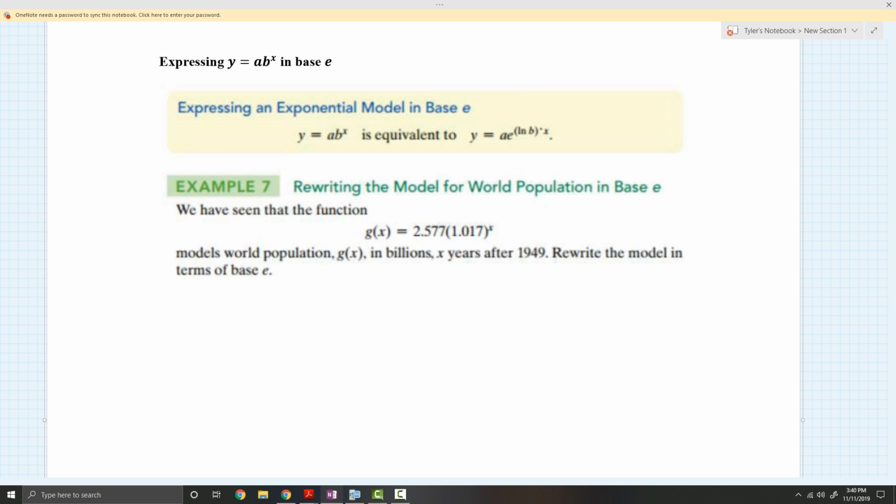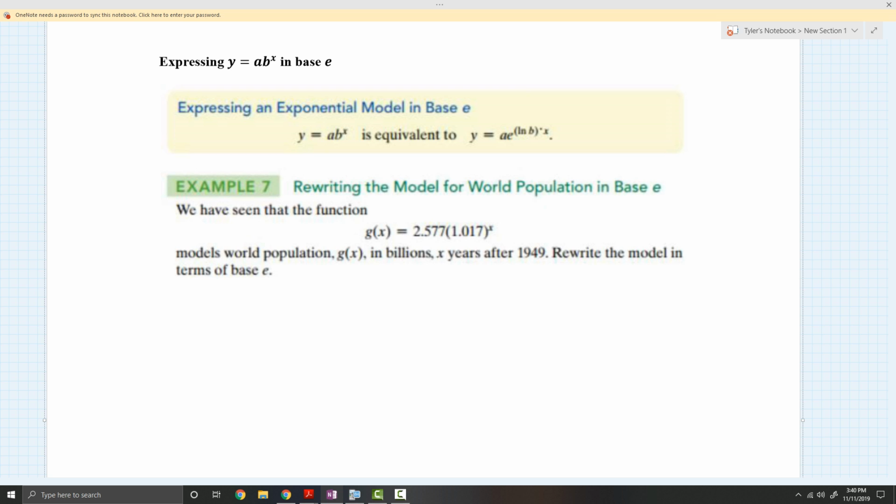If you notice, the previous exponential regression function was in that form, a times b to the x is what our calculator gave us. So there might be times we want to rewrite it in the e to the some power form, right? The continuous growth rate form.